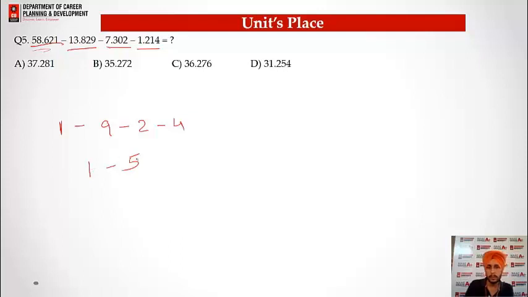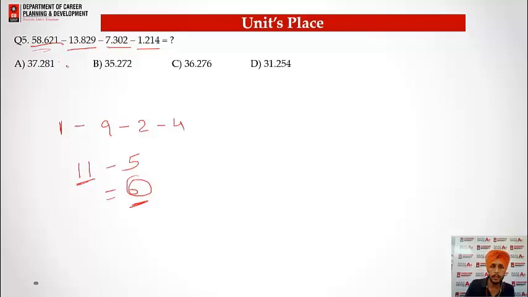So we cannot subtract 5 from 1, so this 1 will take a carry from its actual figure. Please remember this point: when we have a small figure and a bigger figure with the negative sign, the smaller figure will get a carry from its actual figure. So 11 minus 5 is equal to 6. So I can definitely say my correct answer will have the unit place as 6.